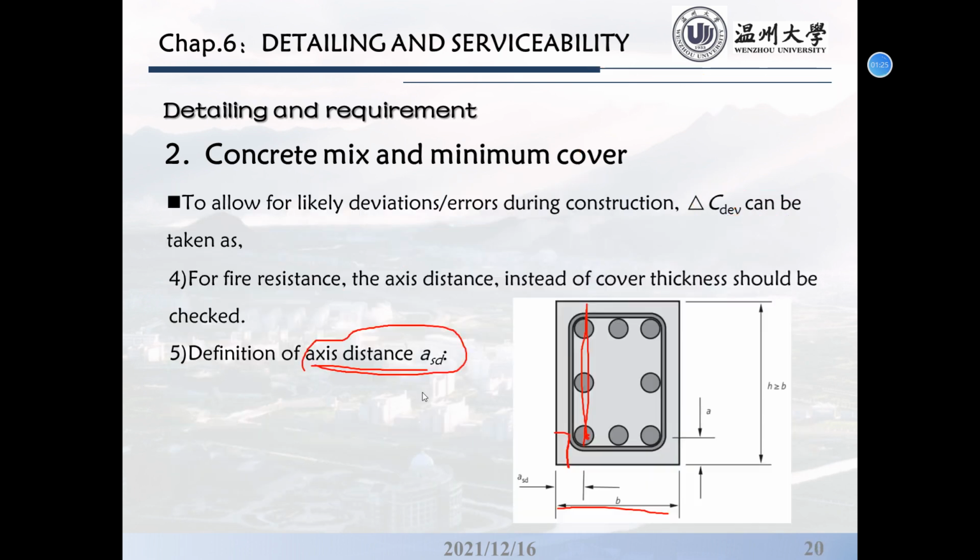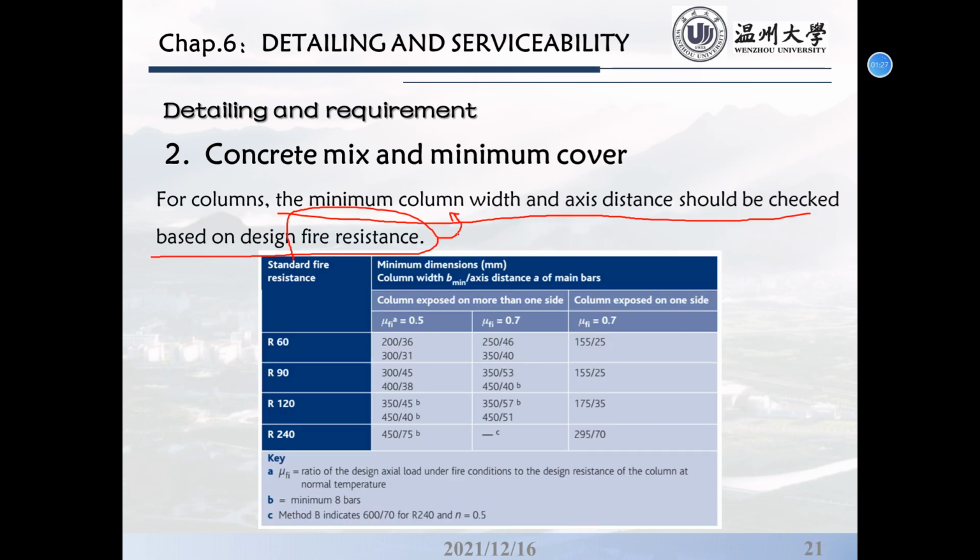Look at here for the columns. Here we use equidistance. Do not directly use the cover, but it's related to cover, right? And here, stirrups for the columns.